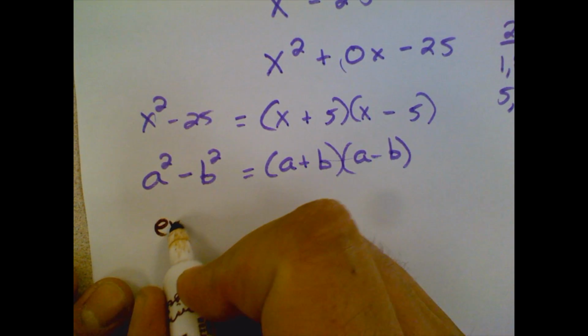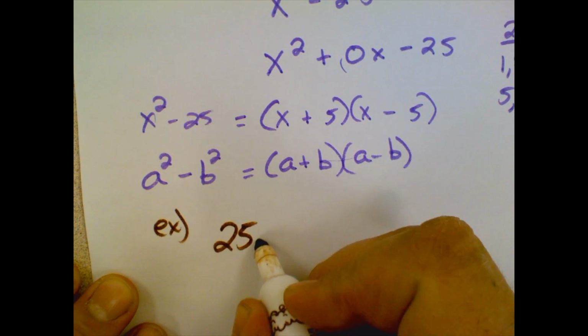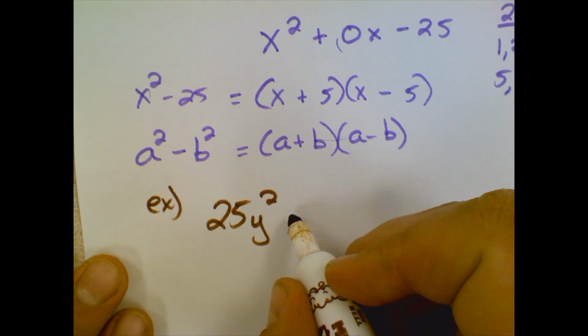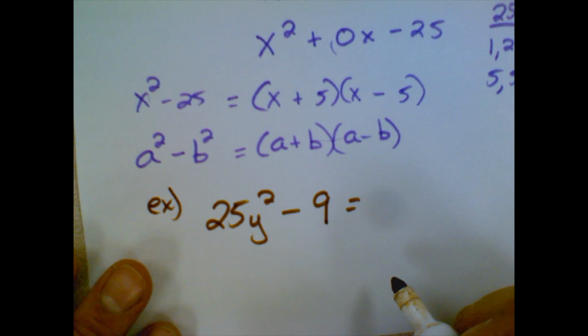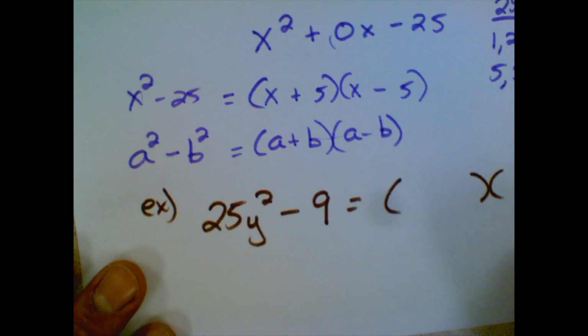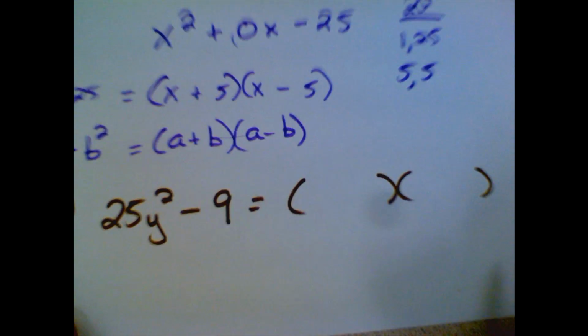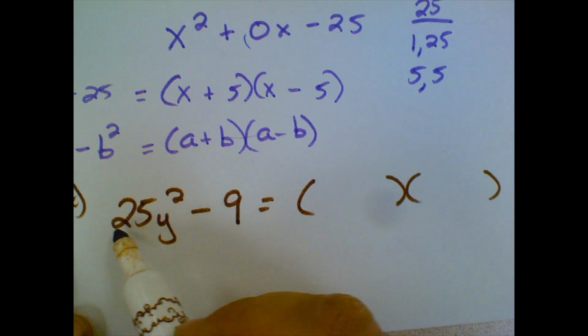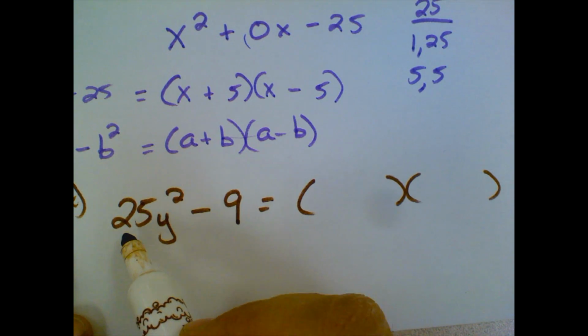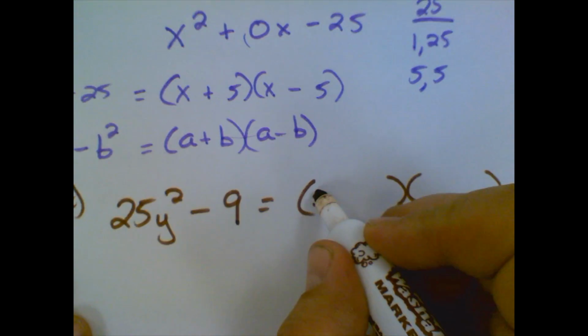So here's another example. What if I had 25y squared, let's say minus 9, and I want to factor this? Well, if we follow this pattern, notice we start with a squared. So we've got to take the square root of this to find a. Square root of 25 is 5.